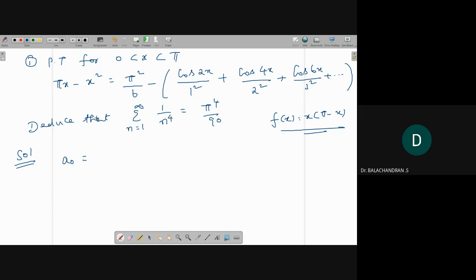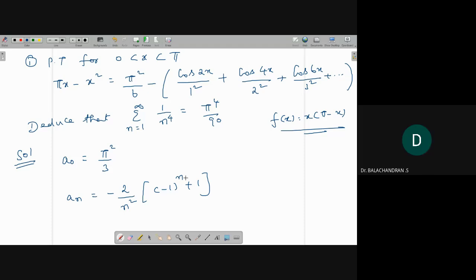Yes, correct. A naught is pi square by 3. And an is what? 2 by n square into 1 plus minus 1. Minus 2 by n square into minus 1 whole power n plus 1. Is it correct, Jaya?